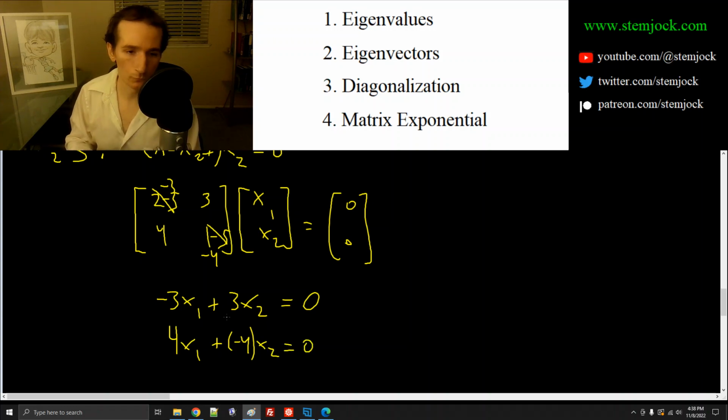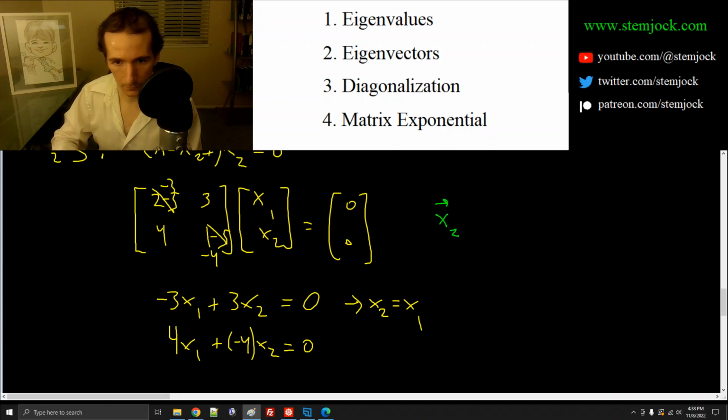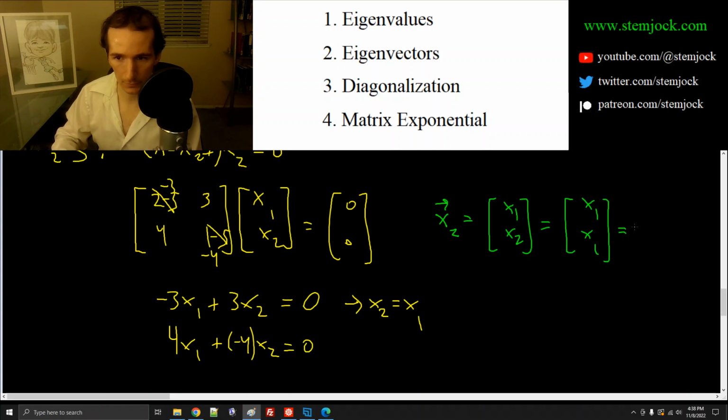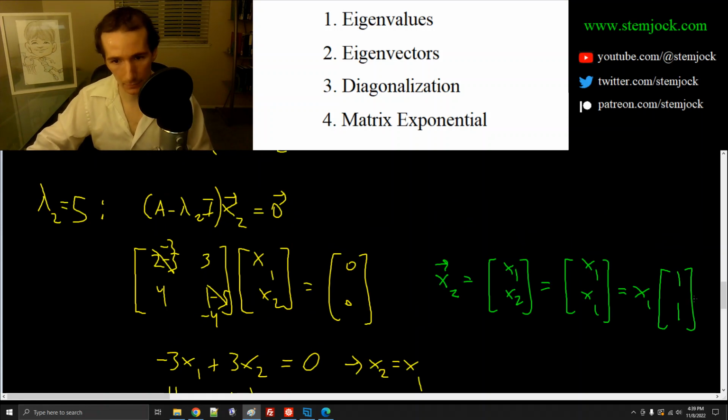So regardless of which equation we solve, we're going to end up with x2 equals x1. So our second eigenvector, which we said was x1, x2, is x1, x1, and I can pull the x1 out to get 1, 1. So this here is our second eigenvector.